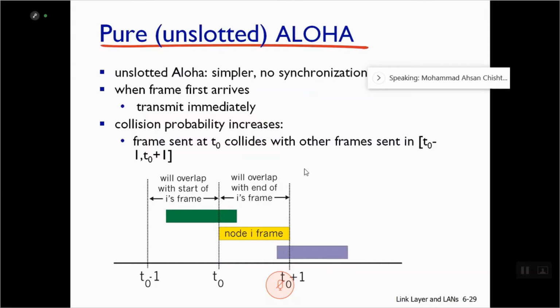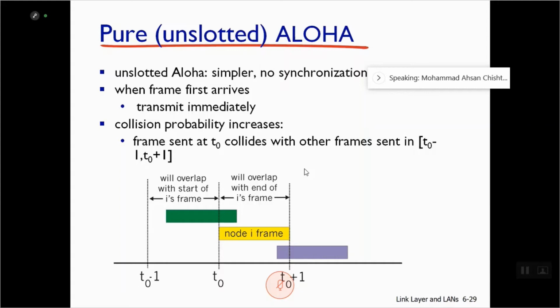What does it say? Unslotted Aloha says that when a frame arrives at the data link layer, obviously from the network layer, the node would simply push this frame onto the link. That is, immediately transmit the frame in its complete entire form onto the broadcast channel.